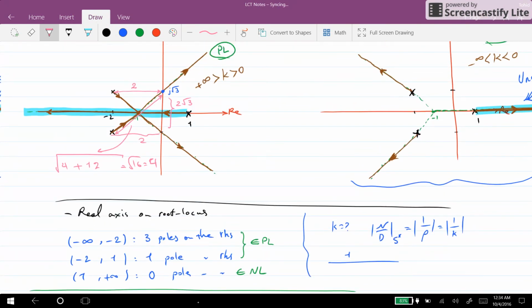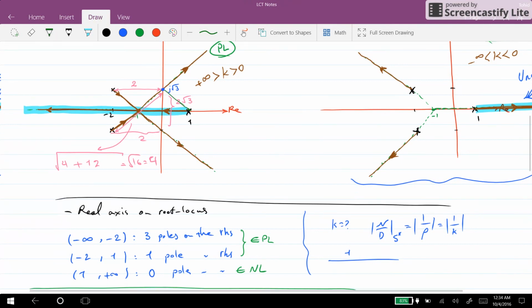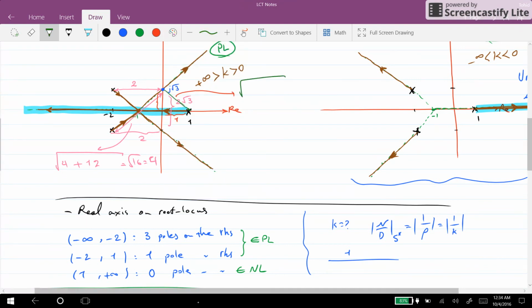So we have 2 for the distance of this pole from that point, 4 for the distance of the second pole from that point, and the only missing one is this distance. Distance of the third pole is somehow easy to find out, because here we have 1, we have square root of 3, so as a result this will be equal to square root of 1 plus 3 or 2.